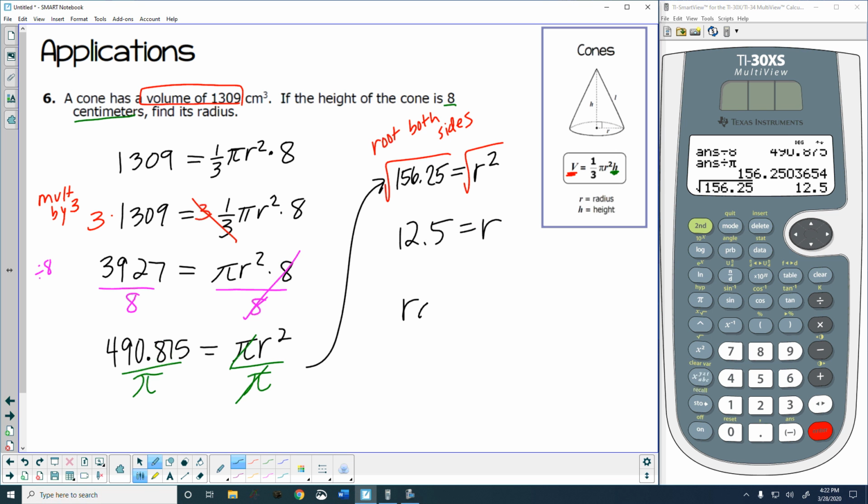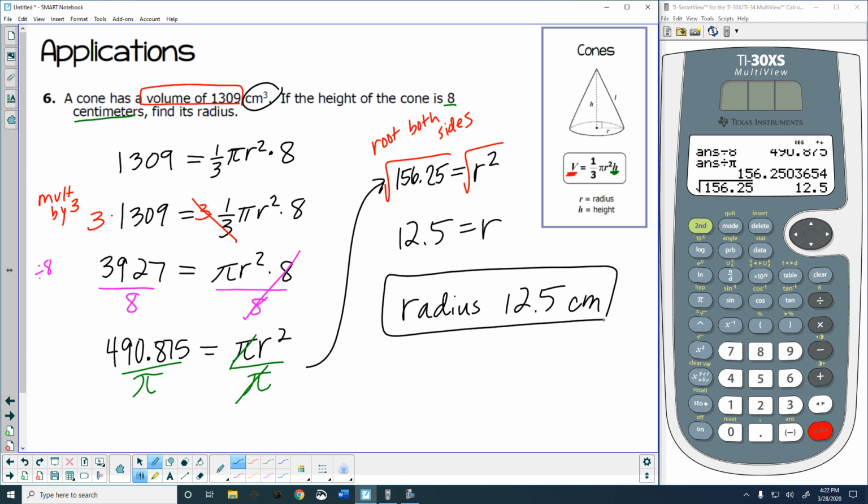So the radius is 12.5, and our units here were centimeters. All right, so the radius is 12.5. Lots of steps there. Do it bit by bit. You could do more steps at a time, but sometimes people run into order of operation errors when they try to do too many steps at once.